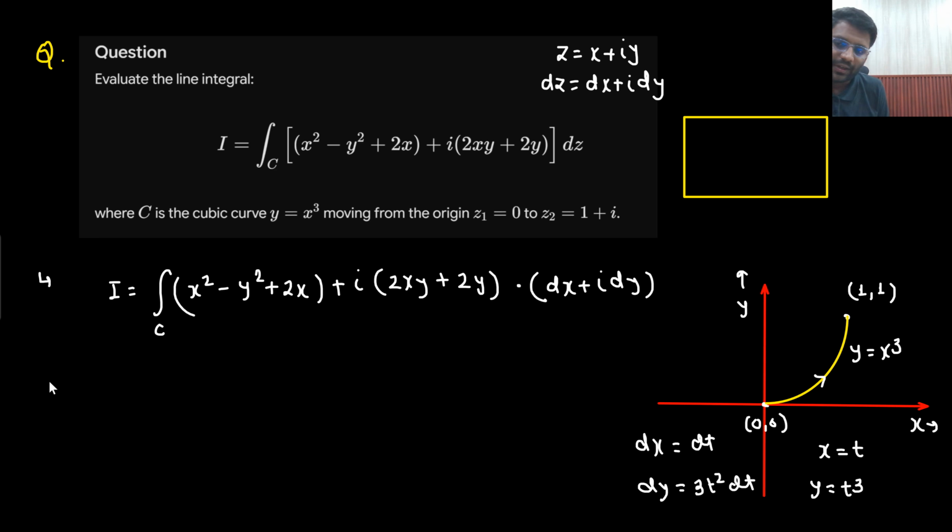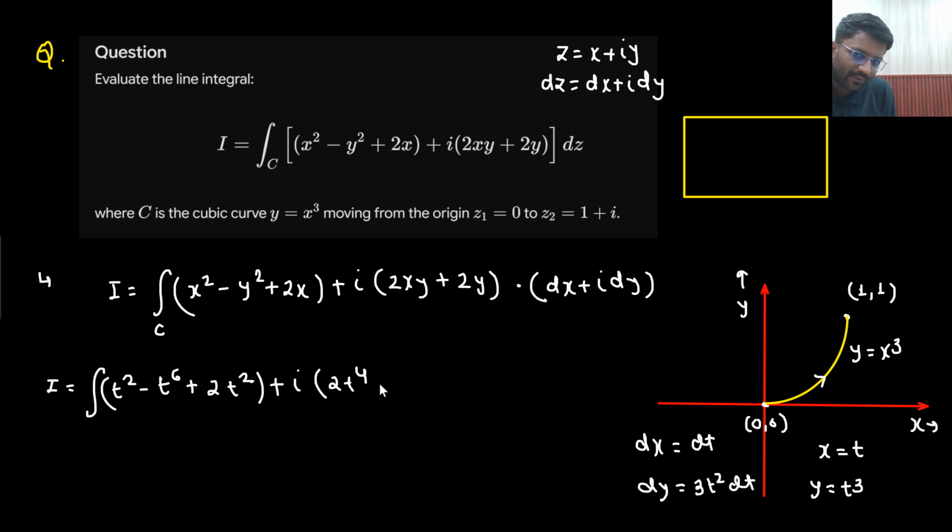Right? So what I will do here: x value is t, so this will become t square minus t to the power 6 plus 2t square, plus iota (2t to the power 4 plus 2t cube) dot (dx value is dt plus iota 3t square dt).